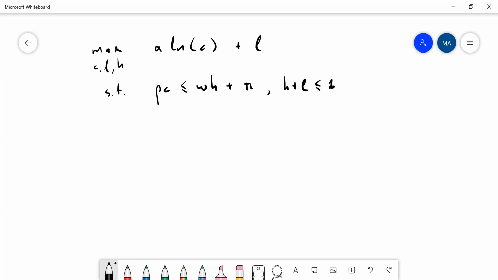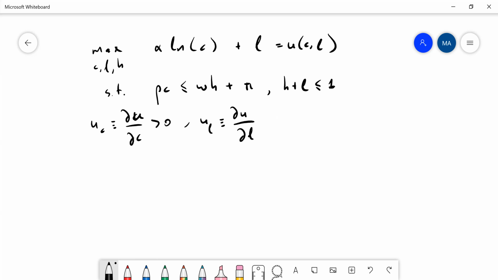So utility is strictly increasing in consumption, and utility is strictly increasing in leisure. So this implies these resource constraints hold with strict equalities.